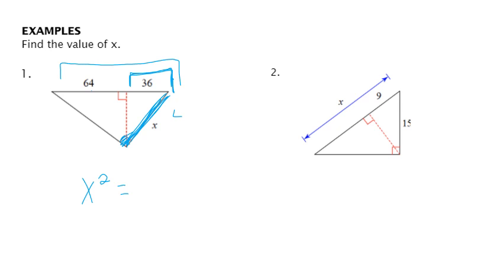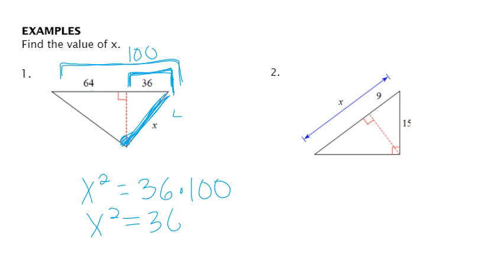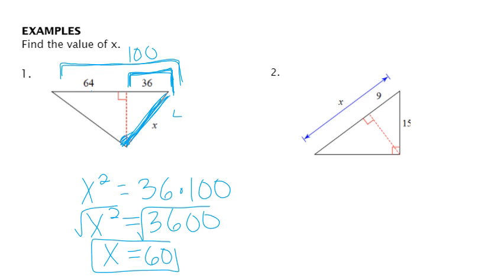So 64 and 36 is 100. So the small piece times the whole thing. So we're going to do 36 times 100. x squared equals 3600. And then when we take the square root, we're going to get x to be 60. And we're not going to use the negative. We only use the positive because it's a length. So this length here is 60.